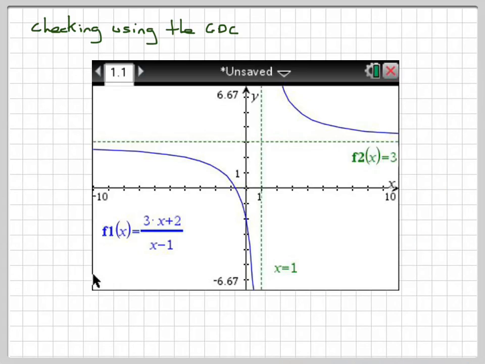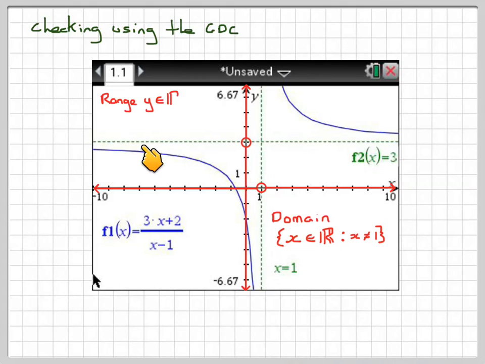So on the GDC, there's the graph that we've just done. It can't be equal to that value, so it's an open circle. So the domain will be x belongs to real numbers, such that x is not equal to 1. And the range will be this one here, not equal to this one here. So the range will be y belongs to R, such that y is not equal to 3.